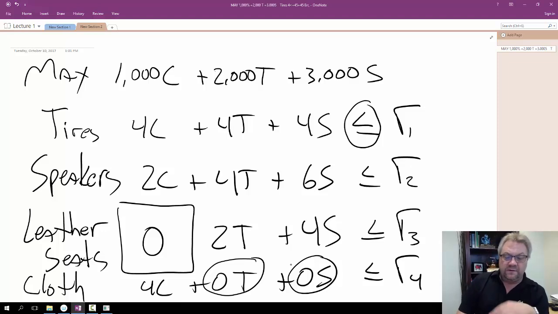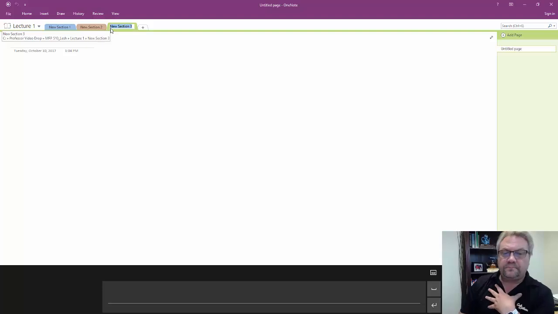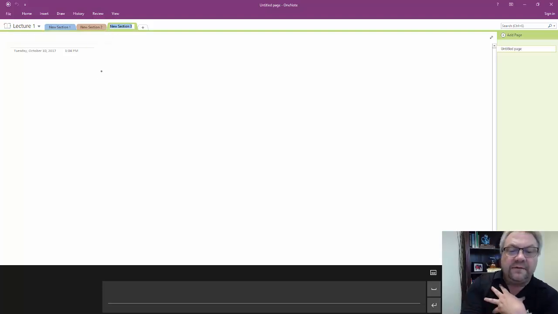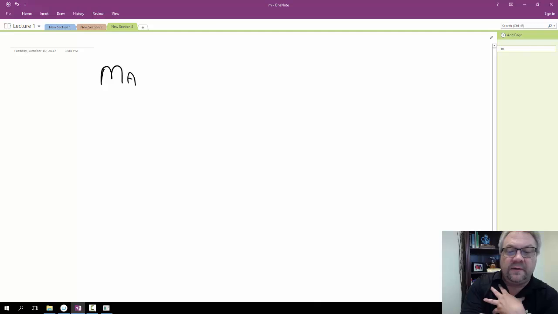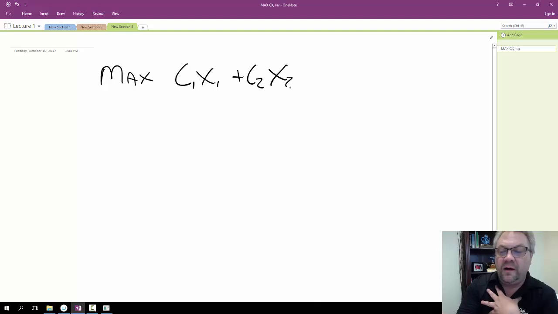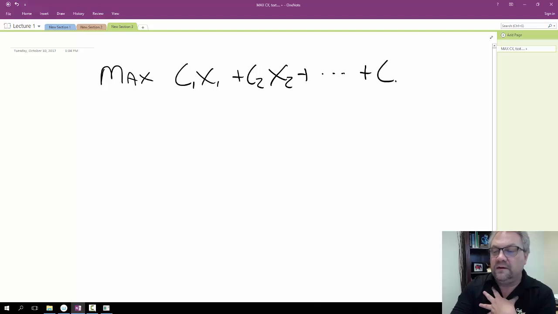So now what I want to do is formally introduce how we set up both a maximization and a minimization problem for you. Formally, we have something like this. Maximize C1 x1 plus C2 x2 plus ... Cn xn.